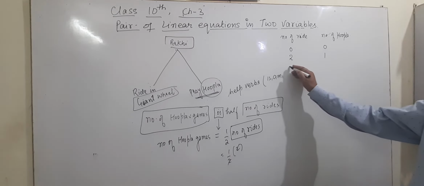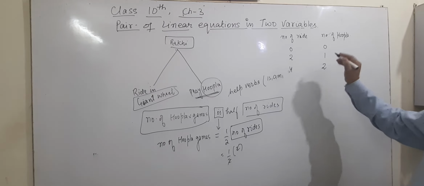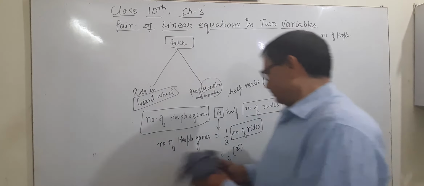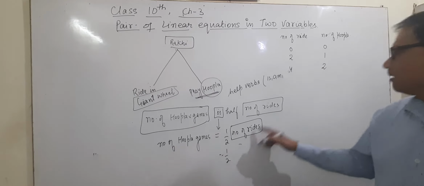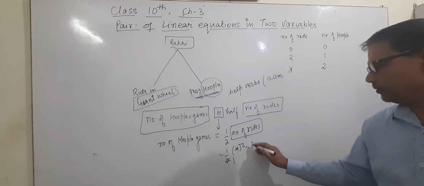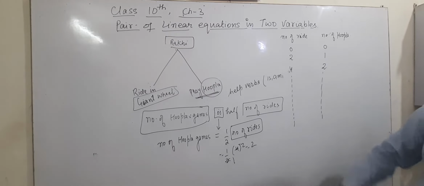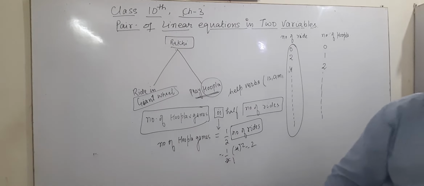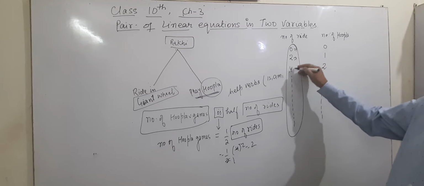If the number of rides is equal to 4, the number of hoopla games will be 2. How? Now 1 by 2, number of rides is 4, 2 times 1 is 2. This may keep increasing and we can put any value, and this has a number of solutions.